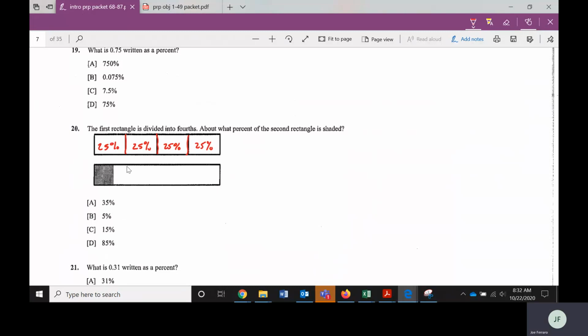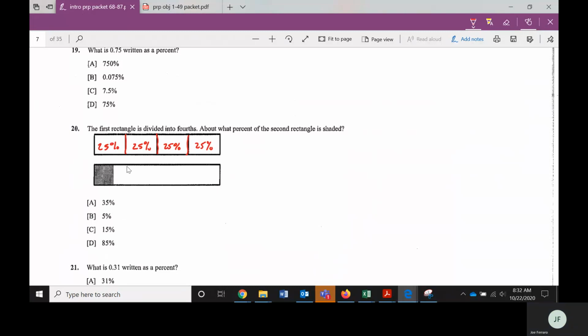So what's a little bit more than half of 25? Well, 5 is not even close to half, and 15 is a little bit over half. If you needed to figure out what half of 25 is, divided by 2, you get 12.5. So halfway through this box would be 12.5%. So 15 would be our answer.